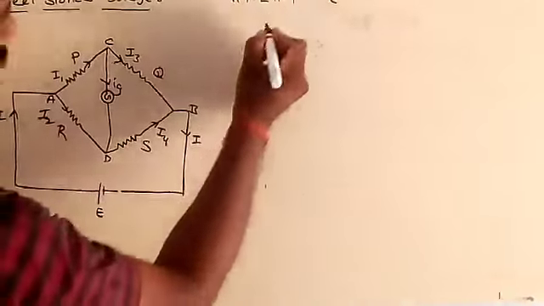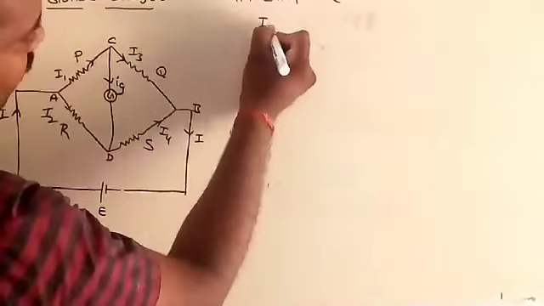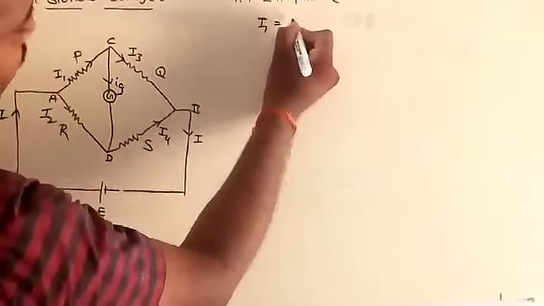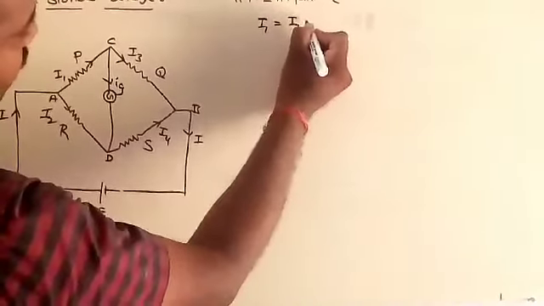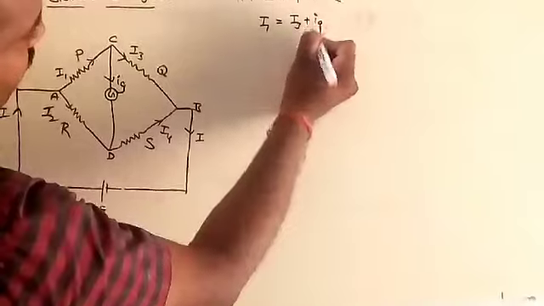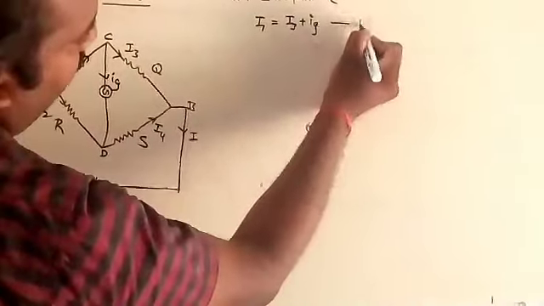So I can write like this: entering current is I1, and the leaving current is I3 plus IG. This I can take as equation 1.